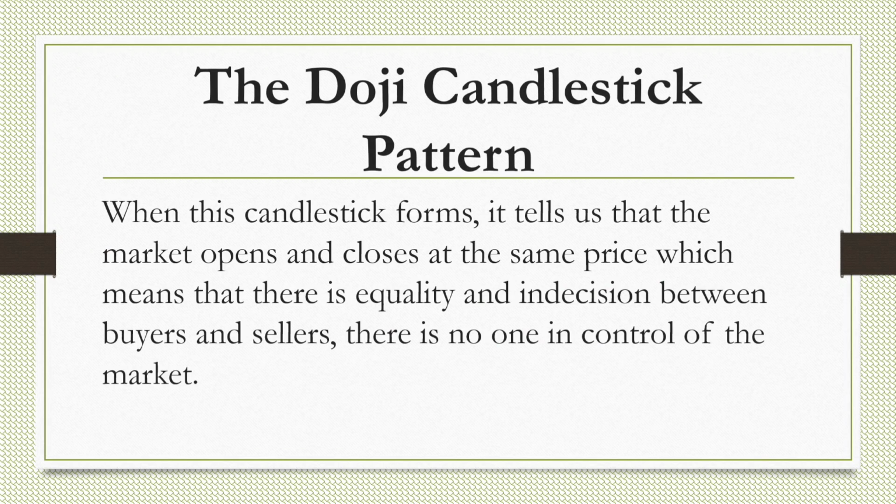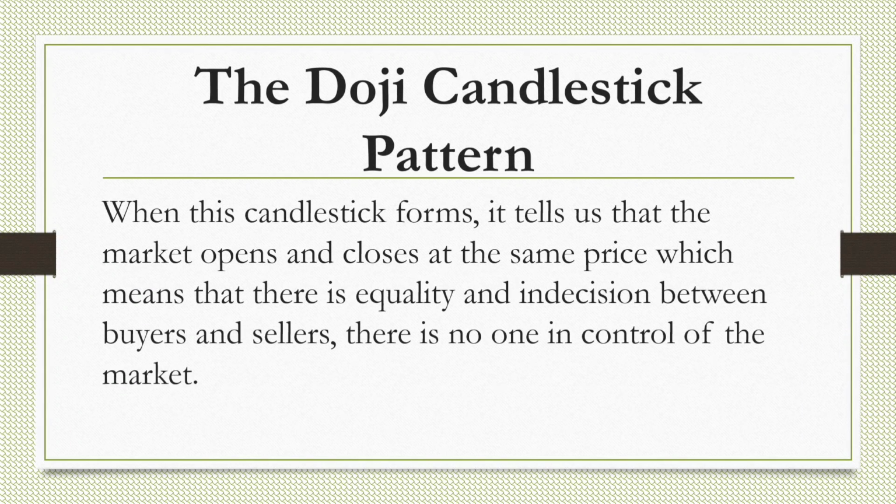The next on our list is the doji candlestick pattern. When this candlestick forms, it tells us that the market opens and closes at the same price, which means that there is equality and indecision between the buyers and the sellers.